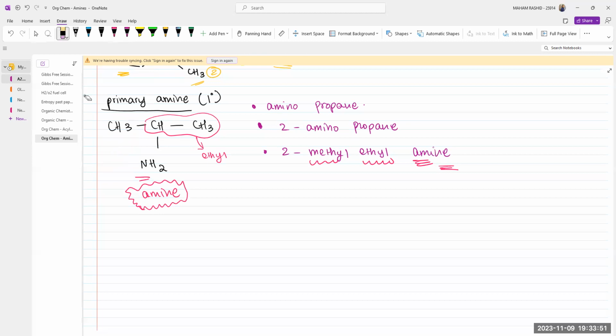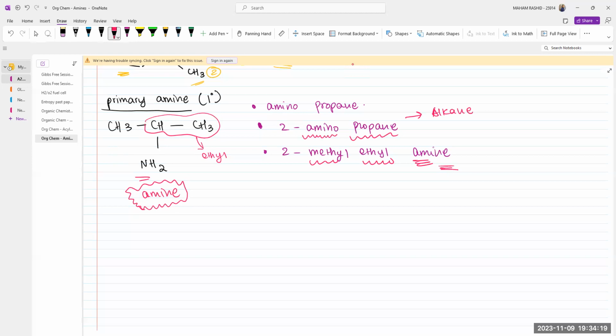And why is it amino? Why is it aminopropane and 2-aminopropane? We know this is an amine, right? So amine तो आएगा. Like here we were taking it as an alkane, right? So if you consider it as an alkane, you'll add your additional functional group as an amino.